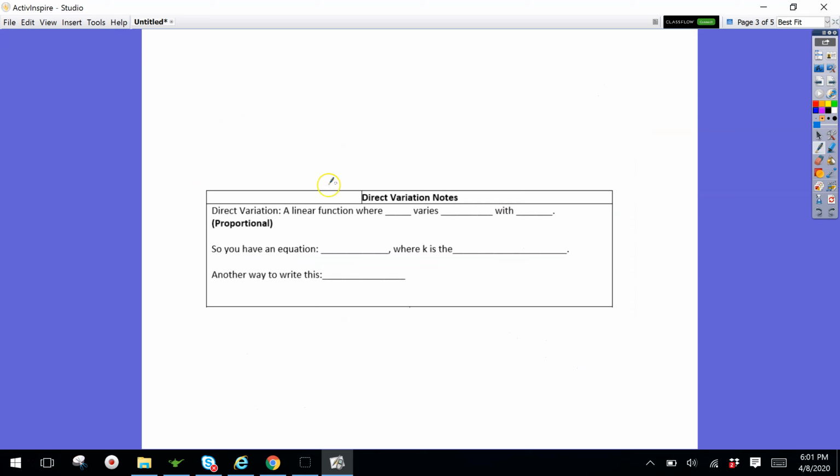Okay, so let's go ahead and put this in proper terms. So direct variation is a linear function where y varies directly with x. So you're basically going to have an equation that does not have a y-intercept. It's going to look like this: y is equal to k times x.